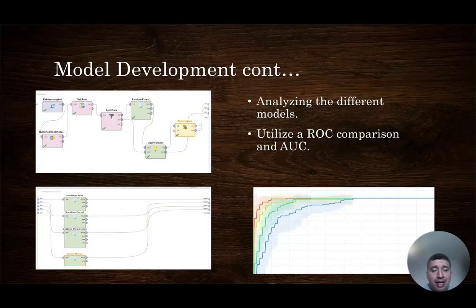So as you see, that is the setup of my process at the top. Down below are the different models that I used against each other to see which one was the right pick. So we used decision tree, random forest, logistic regression, and naive Bayes.